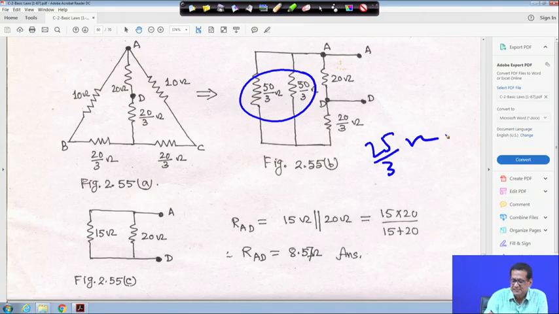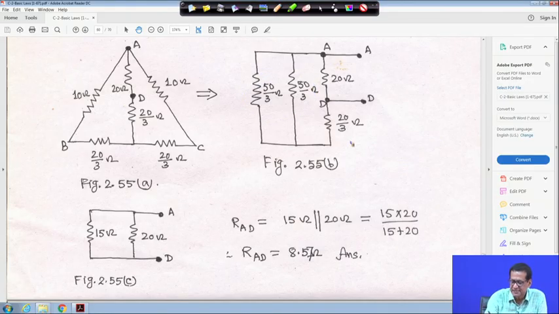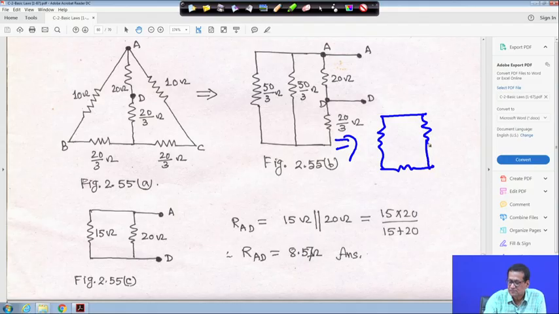And with that, this 20 by 3 ohm will be in series. That means if you draw the equivalent circuit further, it looks like this. This is your D point and this is your A point, right.